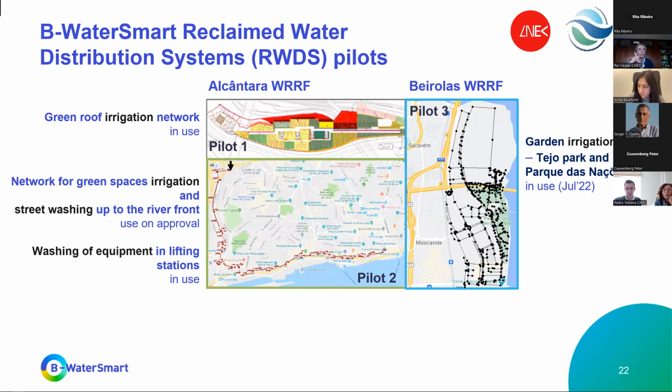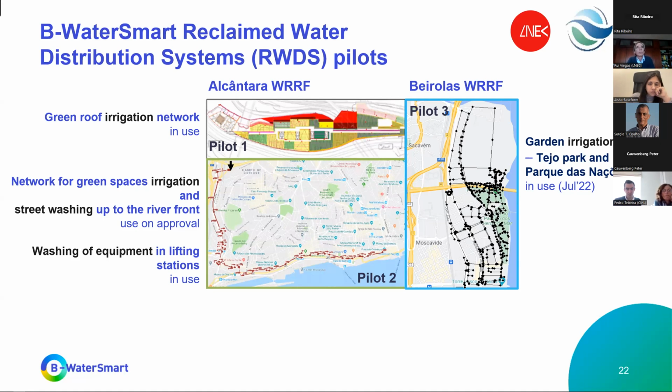So in B-WaterSmart, we had three pilots served by 2 wastewater treatment plants. From Alcântara wastewater treatment plant, we had 1 pilot for green roof irrigation, which is in use.